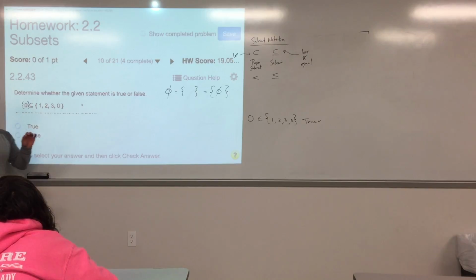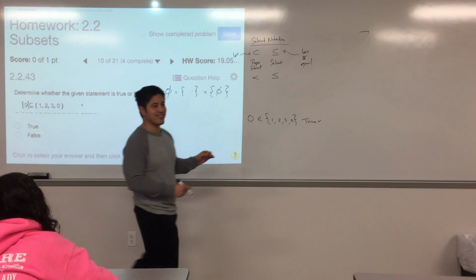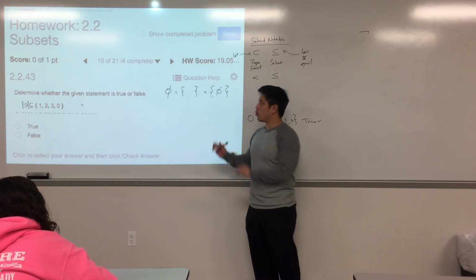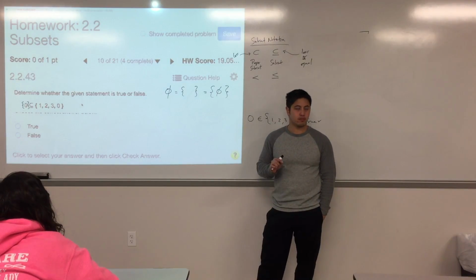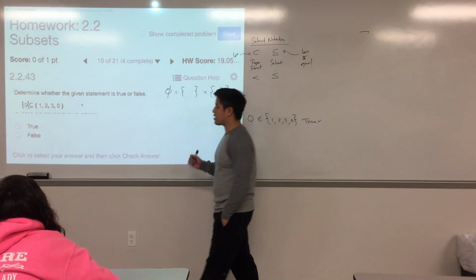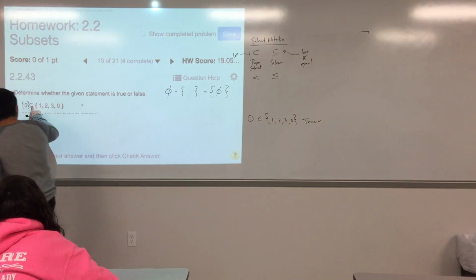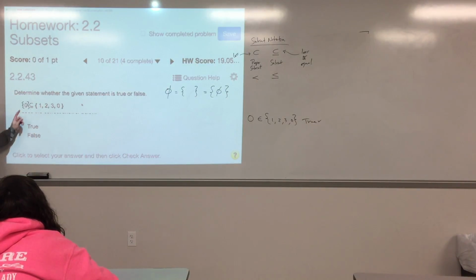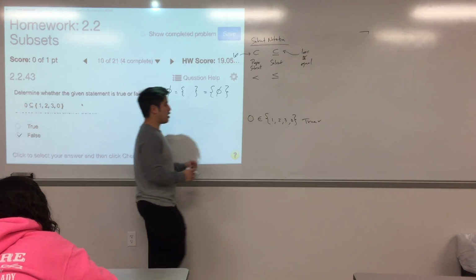Okay, one more time. So, when you're in this section, if they ask you a subset question, the item on the left better have braces on it to even get started. If the item on the left has no braces around it, you can't even get off the ground. It's immediately false. Does that make sense? And let me give you another item here.